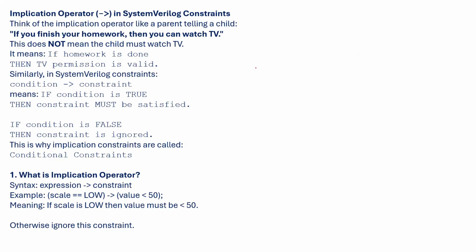So they are giving some offers. Same way, the implication operator also works like this. That means if the before condition is true, then only the next condition will hold. Otherwise, if the before condition is not true, the next condition is also not true.